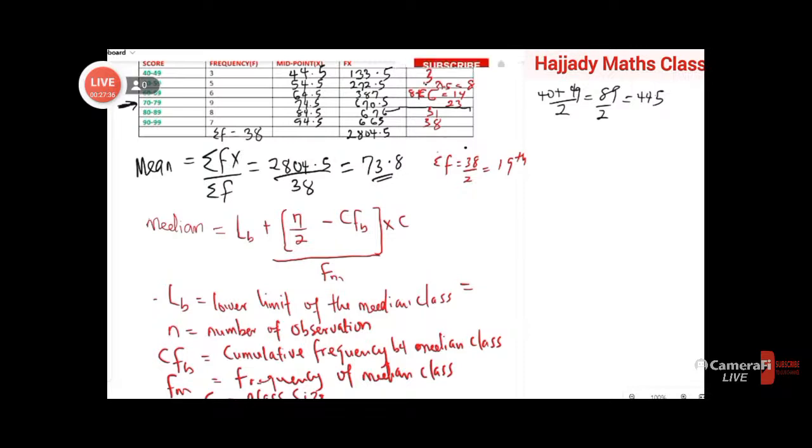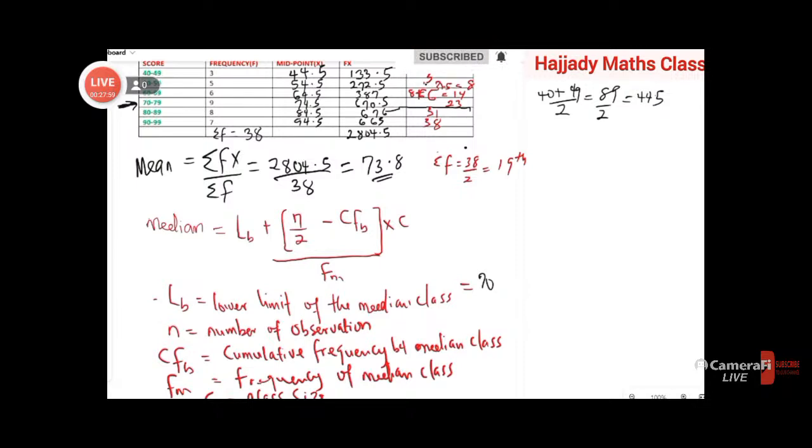So looking at this now, what is going to be our lower limit? Our lower limit is 70, while the upper limit is 79. And our number of observations, from 40 to 49. Students often make a mistake here by saying that 40 to 49 is 9. No, 40 to 49 is 10.